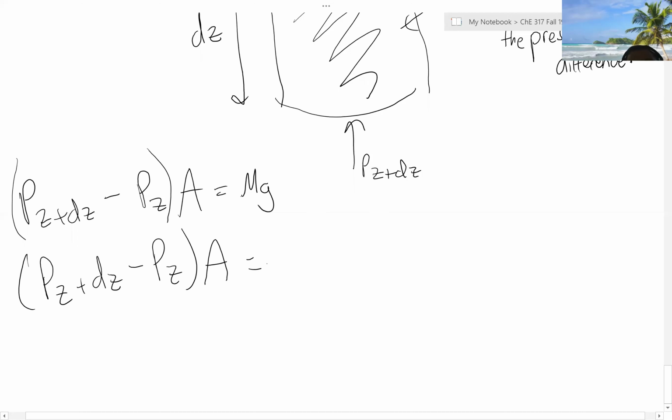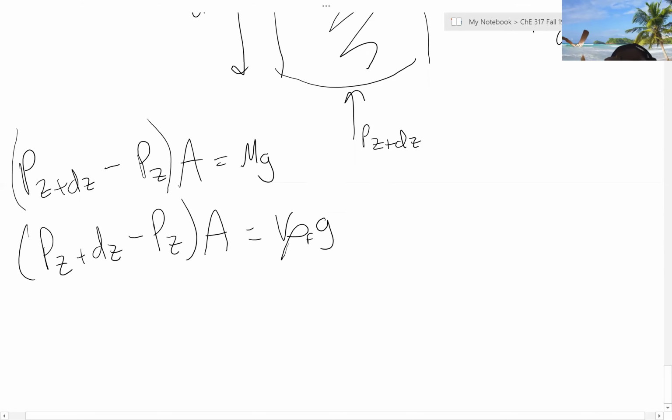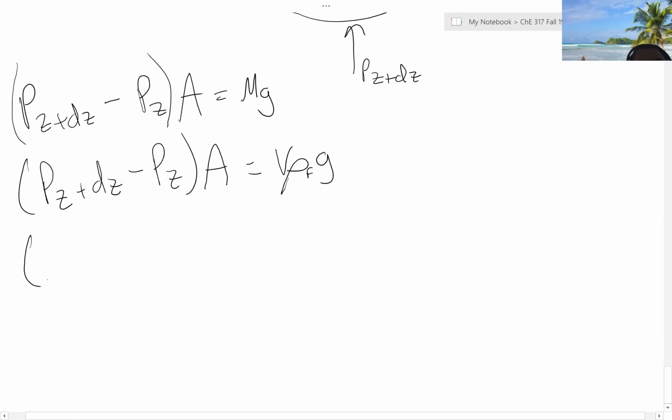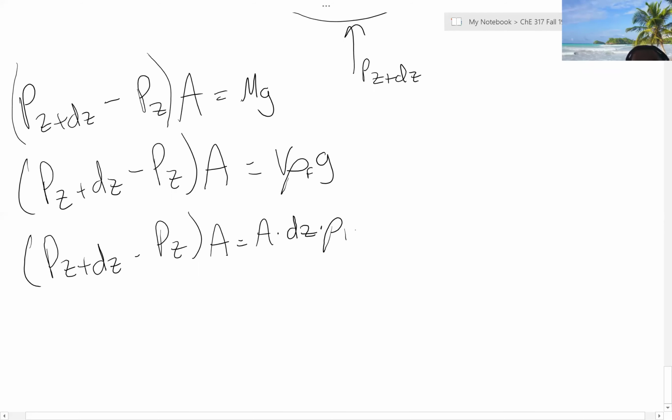The mass of the fluid is simply the volume of the fluid, V, times the density of that fluid, rho sub f, times gravity. But let's say I wanted to break this out further. Well, the volume of the fluid is the area of that slice times the height, times the density of the fluid, times gravity.